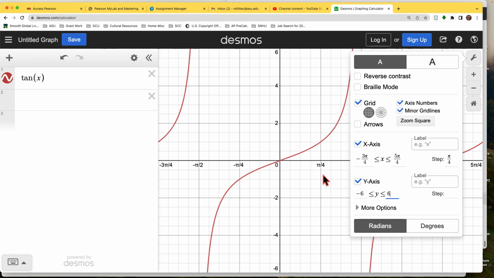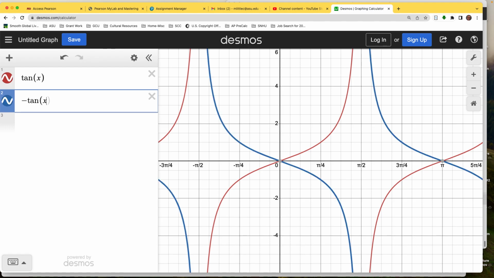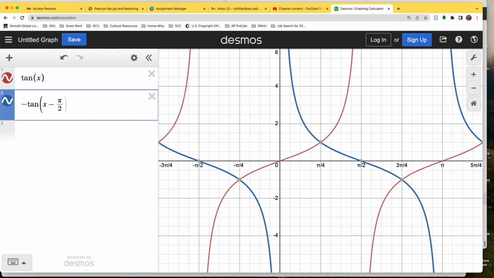So we got pi over 4, got pi over 2, and notice we could match up this graph, and then you could graph negative tangent of x minus, what was it, pi over 2. And for pi on Desmos, you just type pi and it'll get the pi sign for you, so it's pretty quick.